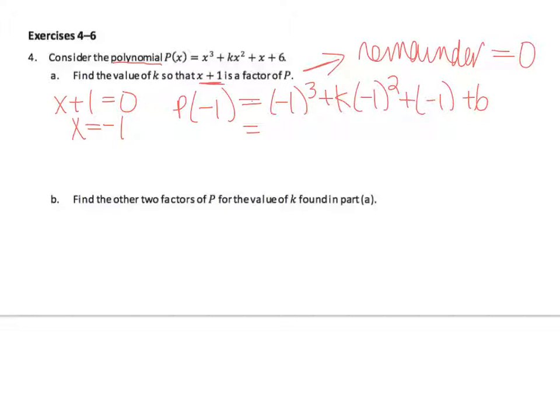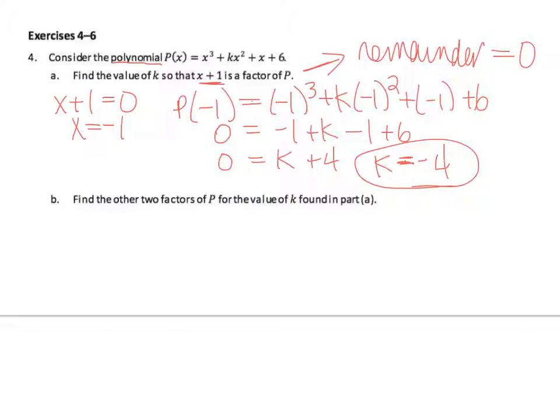So this is -1 plus k minus 1 plus 6 equals, let's see, k plus 4. Sorry, there's a 0 here. So k equals -4.